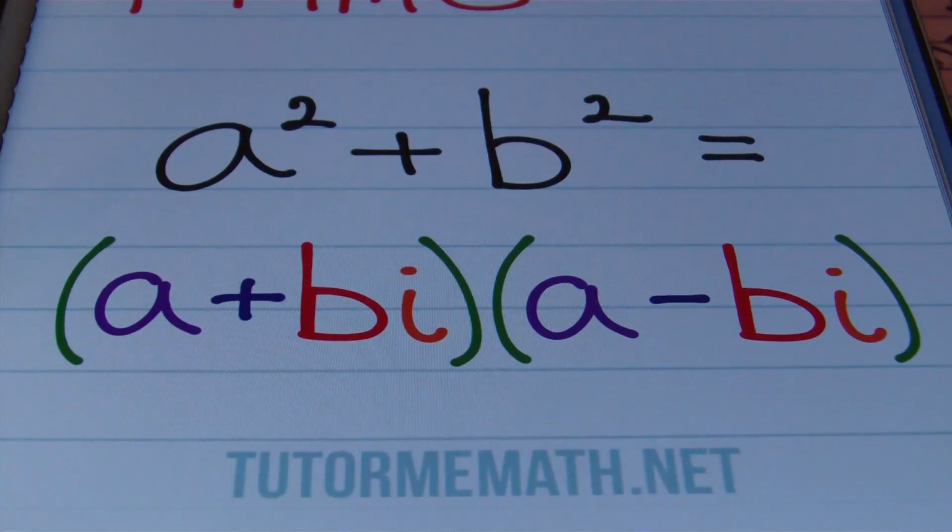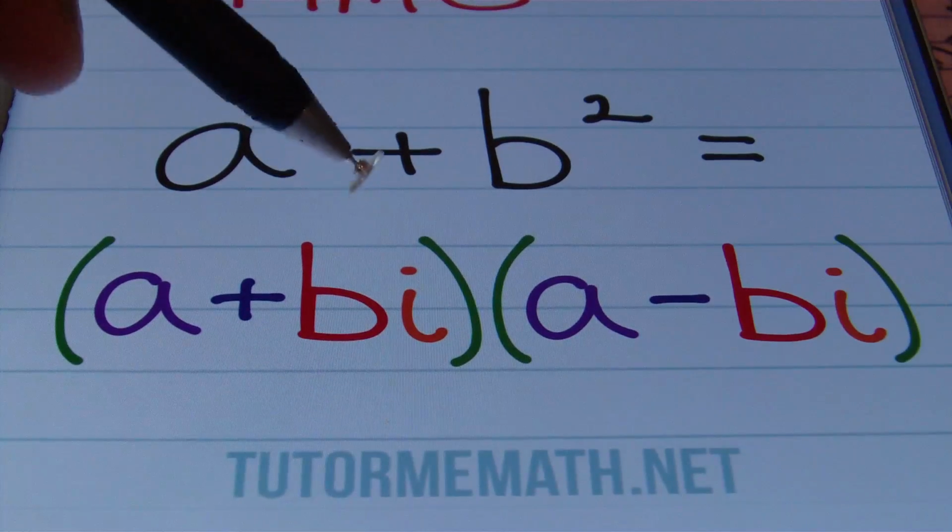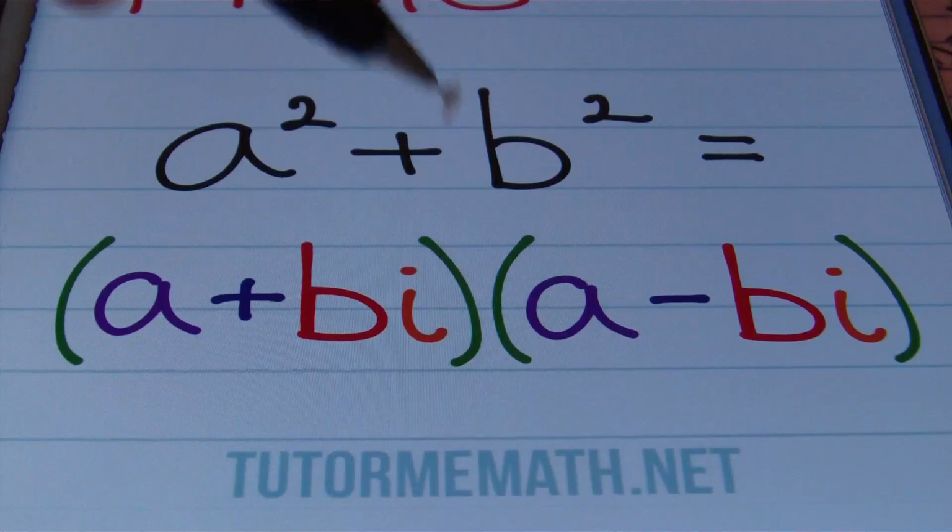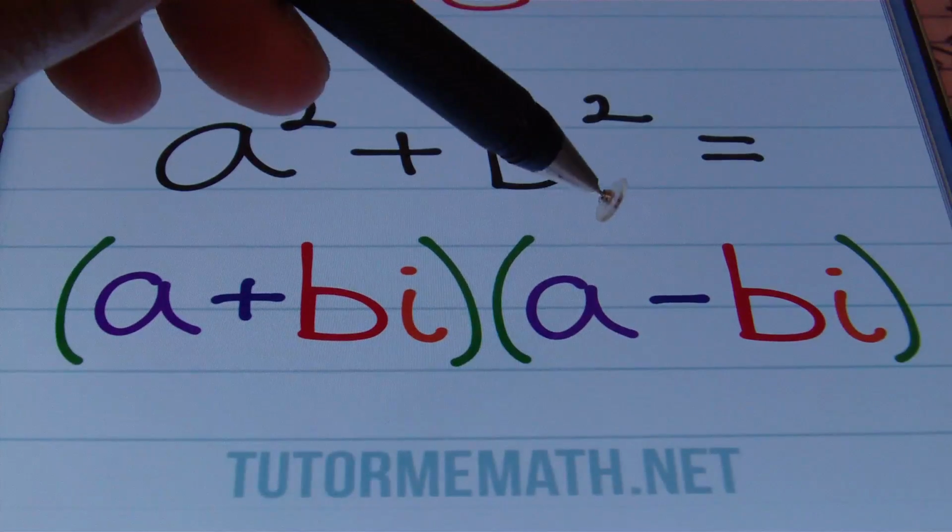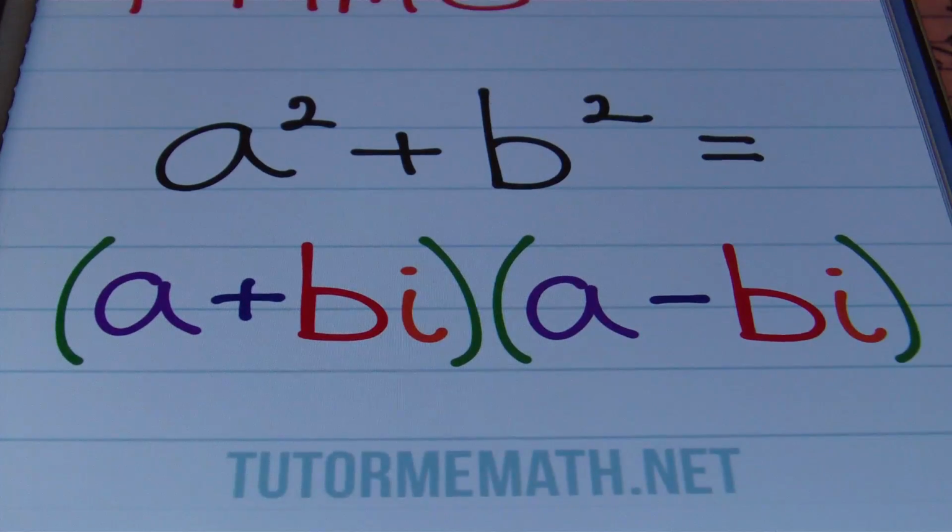If you encounter a problem such as a squared plus b squared and you're asked to factor it, then you can use this factoring pattern, meaning that the square root of the first term plus the square root of the second term times i, then multiplied by that same square root of the first term minus the square root of the second term times i, will give you the result that you're looking for as far as a factoring pattern, as far as answering the question, factor this sum of squares.